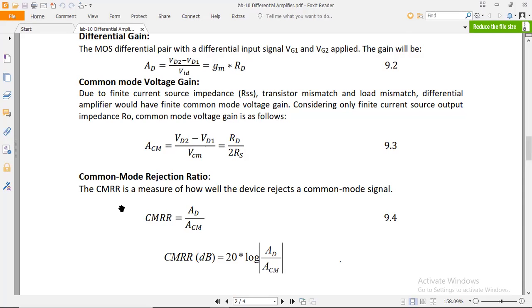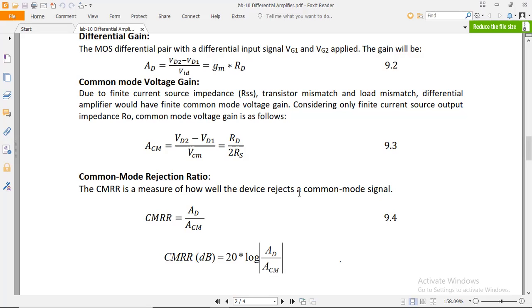Common mode rejection ratio. Now we come to that. The common mode rejection ratio is a measure of how well the device rejects a common mode signal. That is called CMRR, common mode rejection ratio, and it measures how well the device rejects the common mode signal.